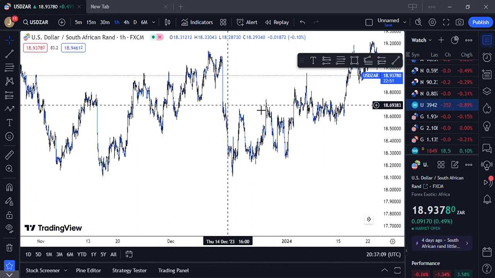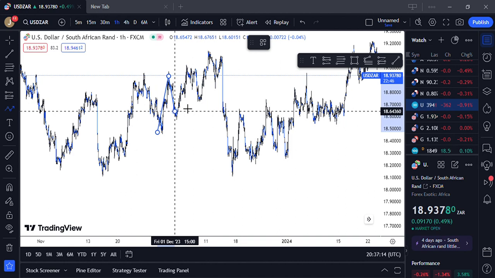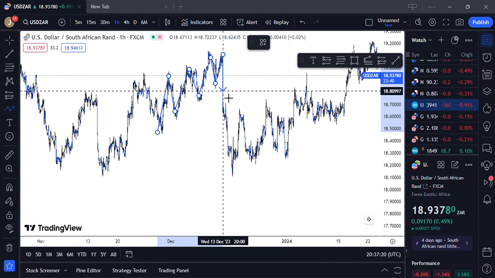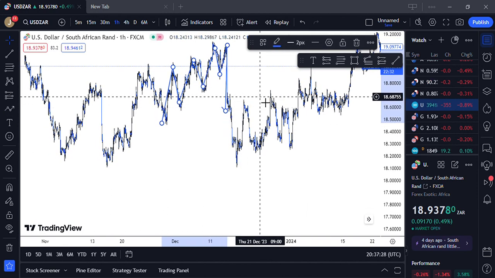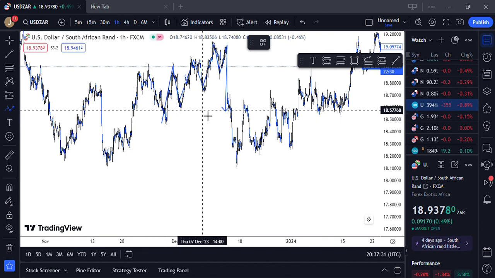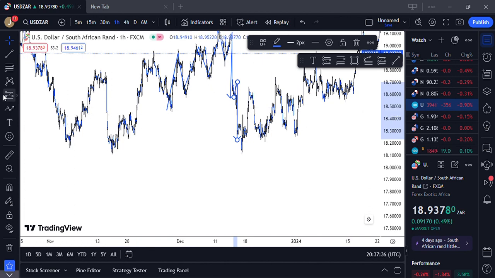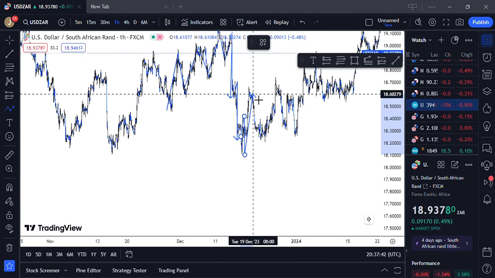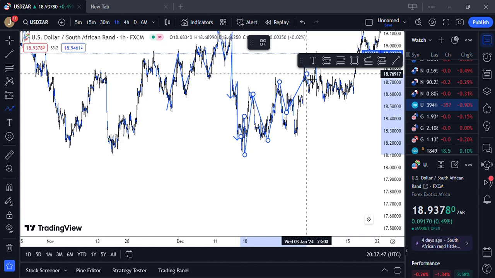Okay, let me do this one here. This one looks proper. As you can see, price is doing that, and then you see it breaks here, going down like this. Then it goes back up for a bit and then goes down, then goes back up and then goes down, then goes up, then basically goes up.